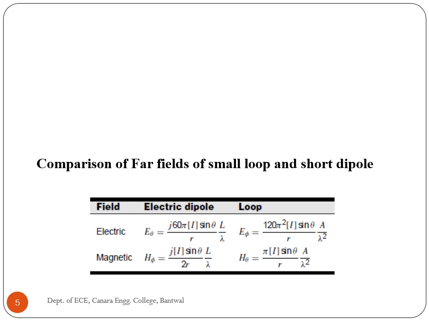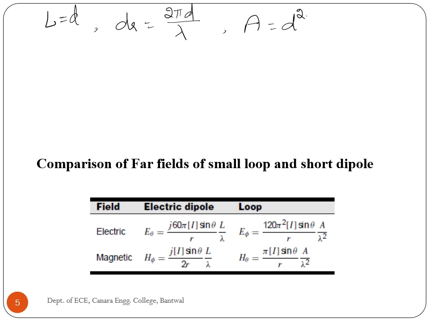The length L of the short dipole is the same as d of the loop, that is L equal to d, and we know that beta d is equal to 2 pi d by lambda, and the area A of the loop is d square.